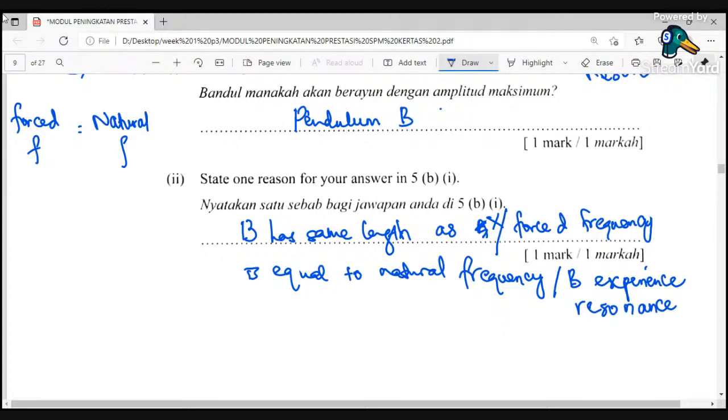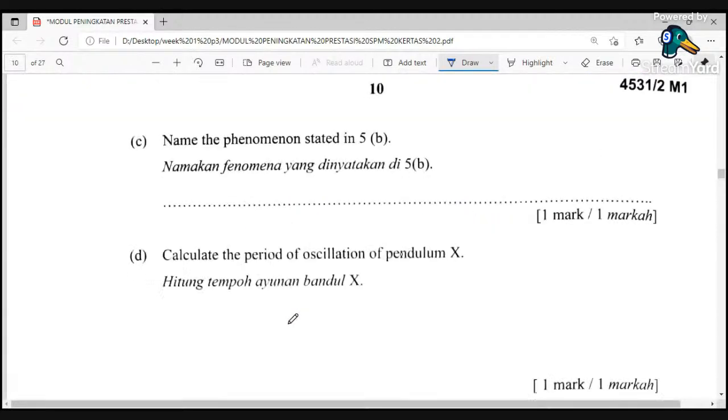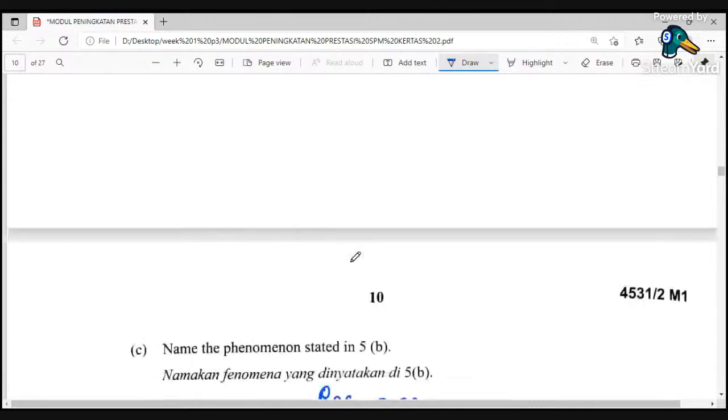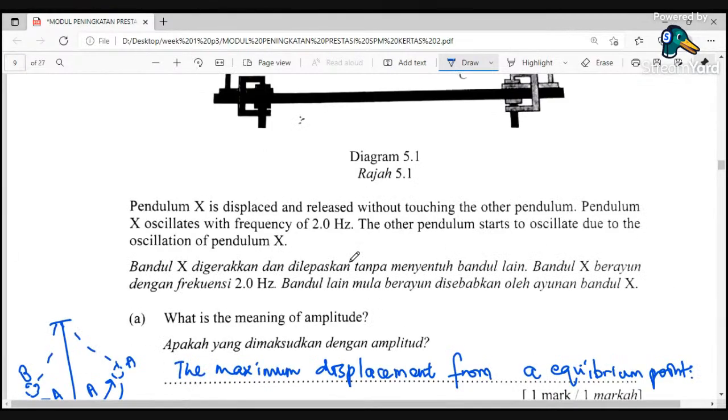Okay. Kalau dua markah tu boleh combine lah point di sini. Kalau satu you boleh pilih salah satu. Okay, name the phenomenon. So this is the answer, resonance. Calculate period of oscillation of pendulum X. Frequency given 2 Hertz.